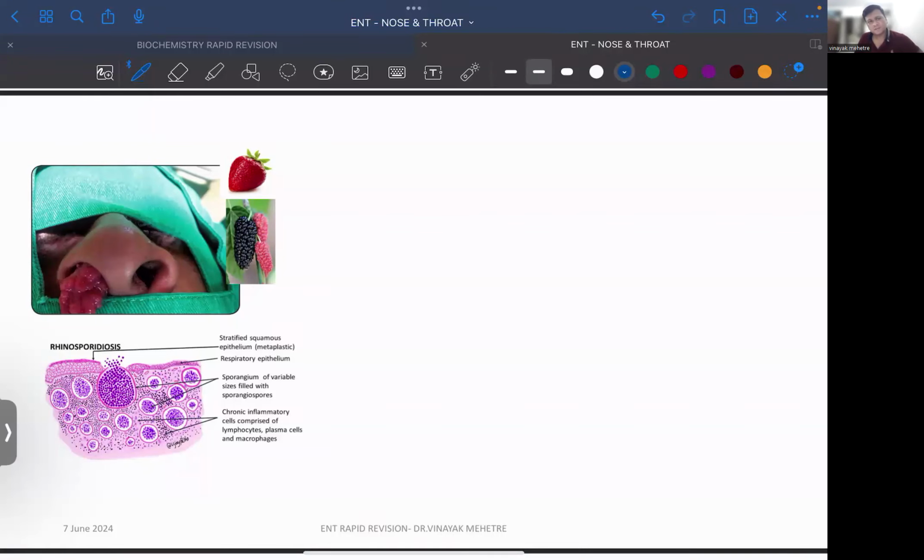A red mass coming out of the nose. Okay, patient was from Tamil Nadu. Rhinosporidiosis. Okay, this is called as strawberry and this is called as mulberry.